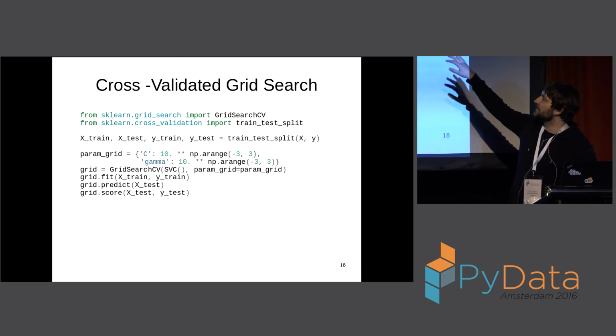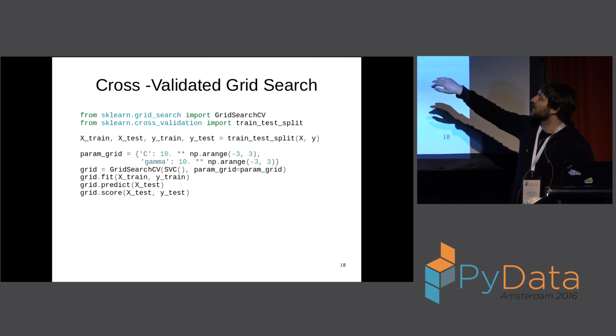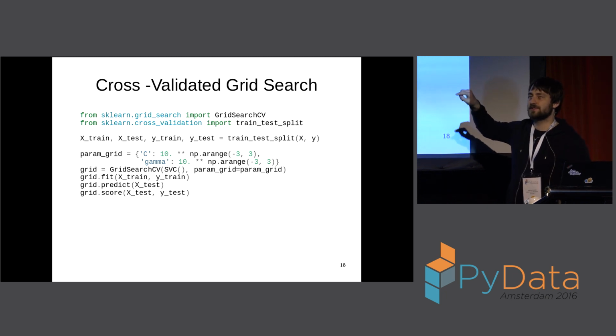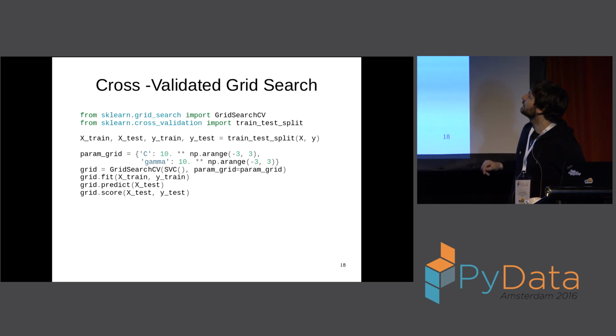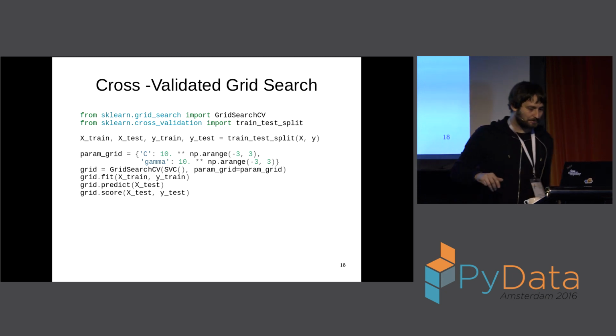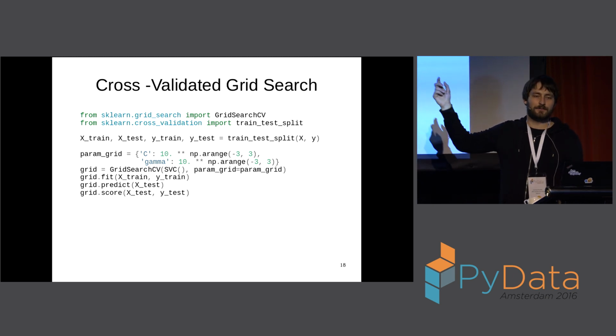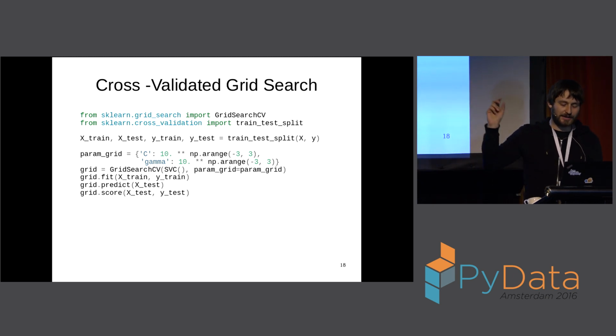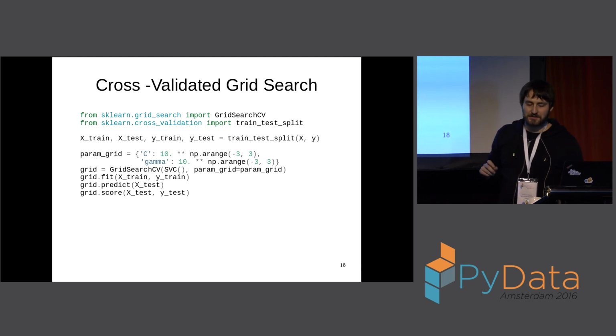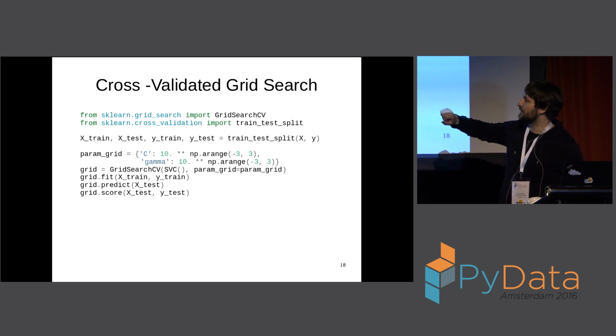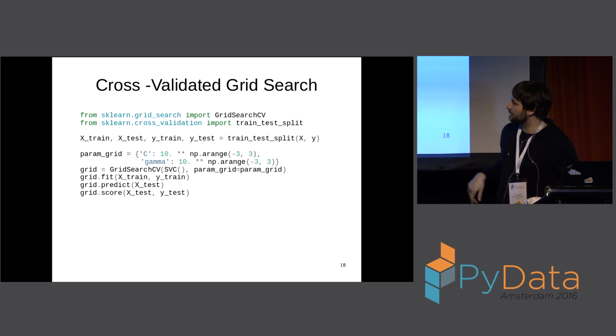So here, this is like a logarithmic or exponential grid. So this goes from 0.001, 0.01, 0.1, 1, 10, and 100. C and gamma are the parameters of the support vector classifier. So these are actually the parameter names that I want to adjust. And so I instantiate this grid search with the classifier and the param grid.